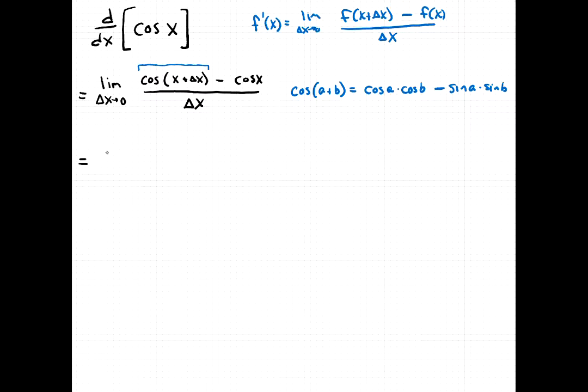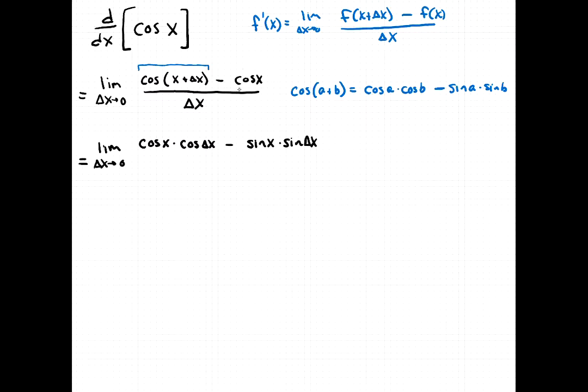Okay, so this should be equal to the limit as delta x goes to 0 of cosine x times cosine delta x minus the sine of x times the sine of delta x.